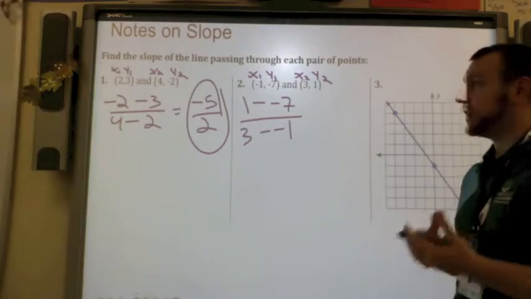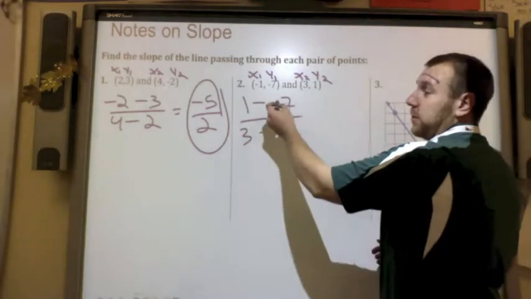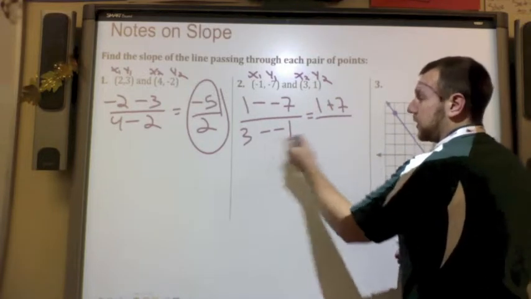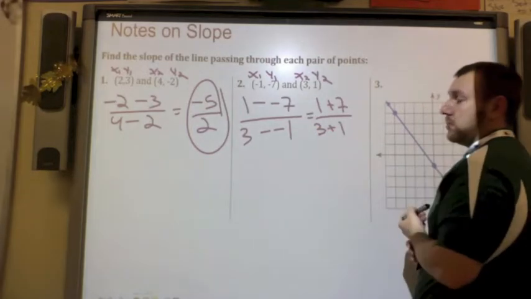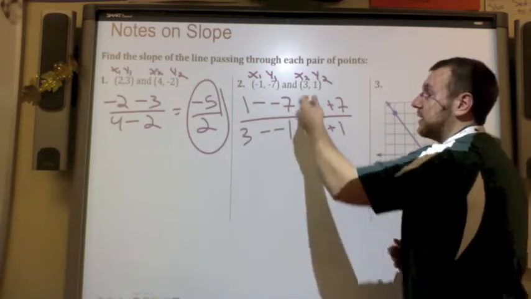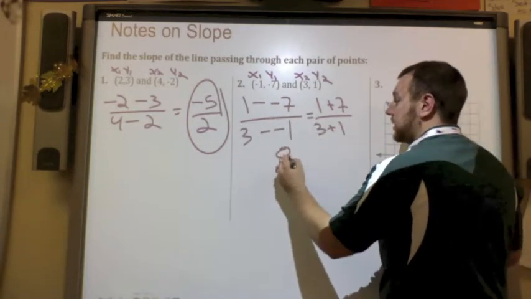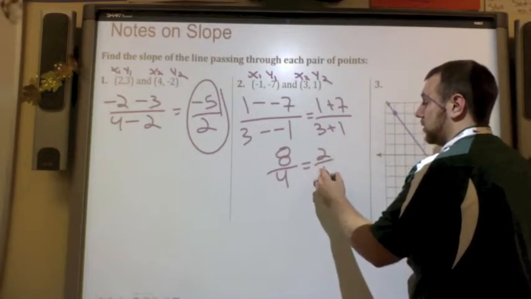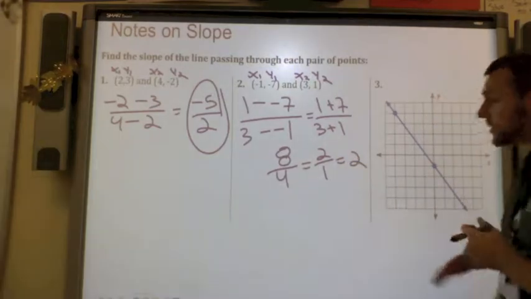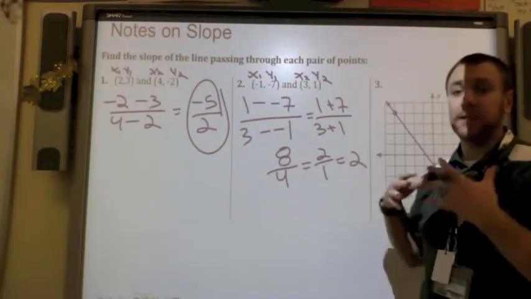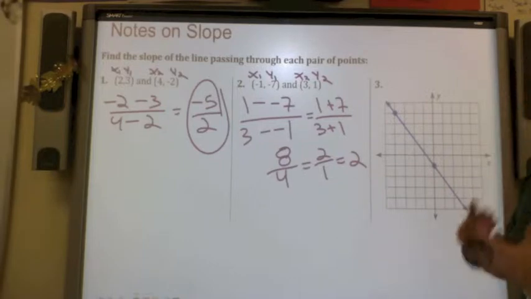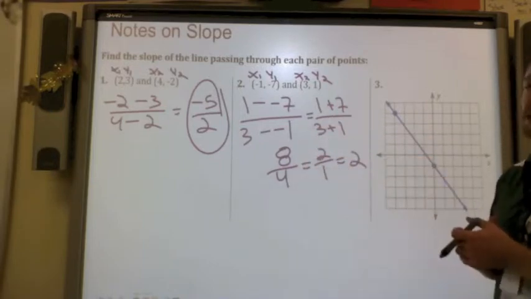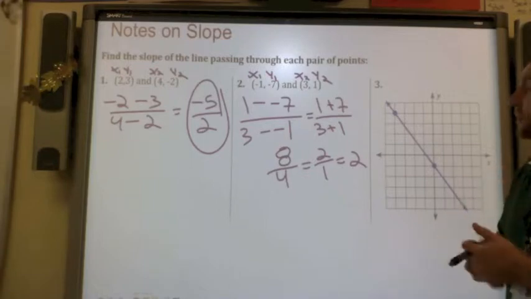Signs are very important because when you have a double negative like that, it becomes 1 plus 7 over 3 plus 1. Double negatives turn to a positive. So this is 8 over 4, or you can reduce it down to 2 over 1, or just 2. And we always want to reduce down slope as much as possible. The calculator can do it for you. I can show you how to do that. Or you can just divide by numbers until you get down to the bare minimum.